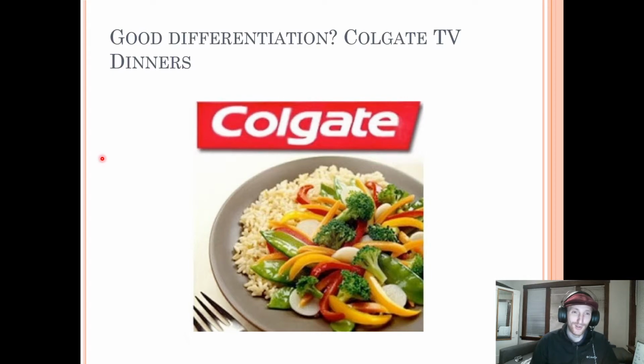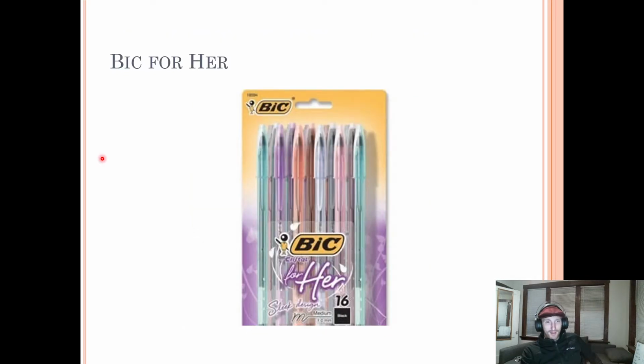And this particular strategy, as you might know, was not successful, because what do you think of when you think of Colgate? Well, you probably think of toothpaste. So when I ask what this TV dinner would taste like, you probably would think, oh, it's going to taste minty fresh or something like that. Right? So differentiating on an element not valued by buyers.